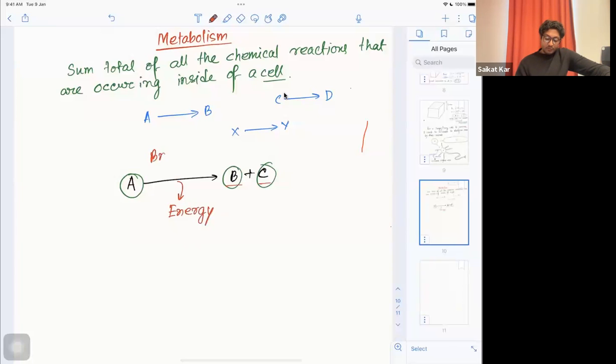So breaking of a chemical bond is where a lot of energy is released.